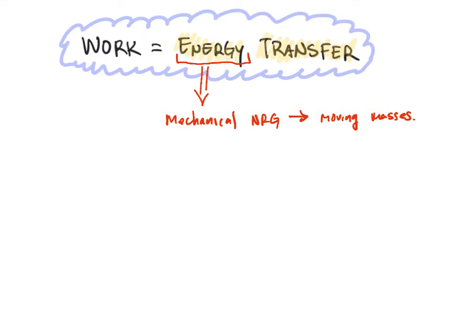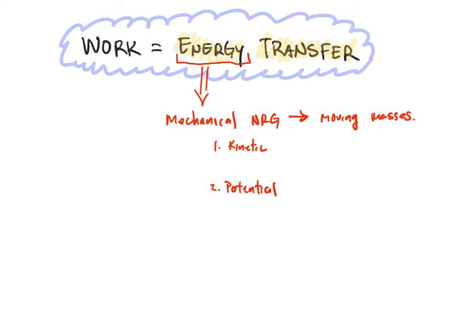And there are two different types of mechanical energy that we noted. We noted kinetic energy, which is the energy an object has if it's actually moving, and then this other type of energy, which is called potential energy, which is the energy an object has if it has the potential to start moving.